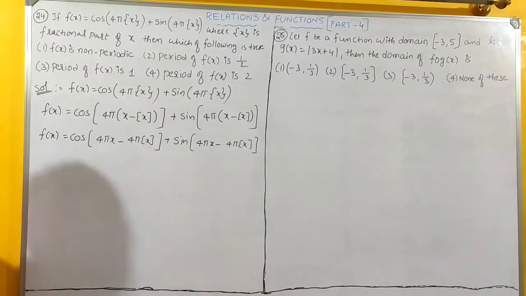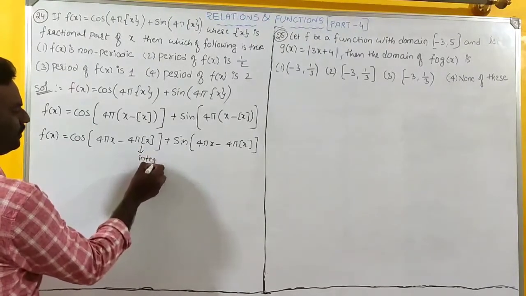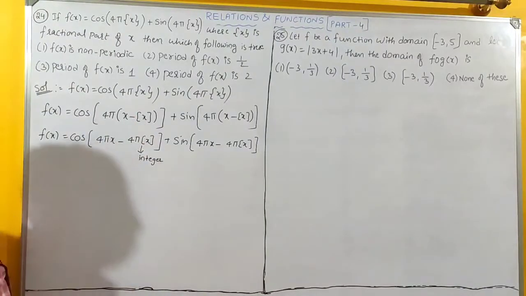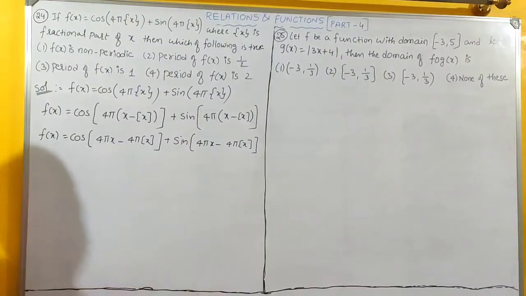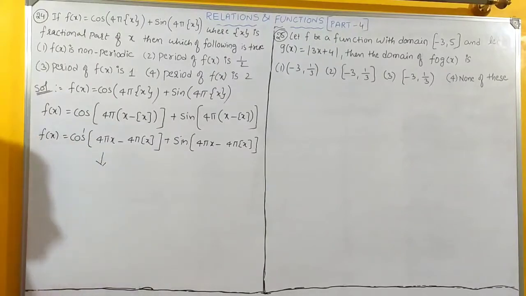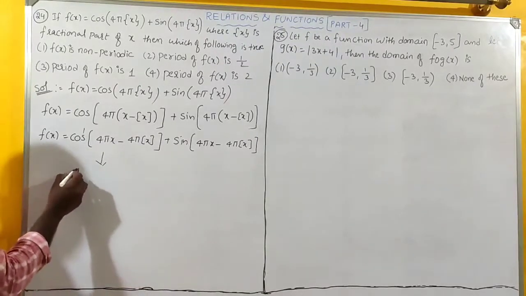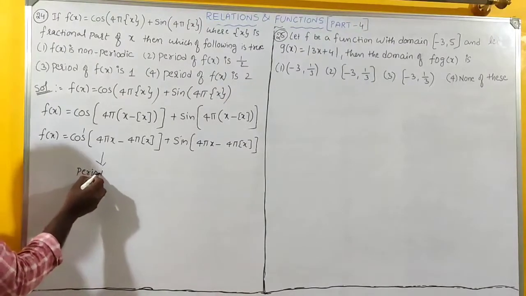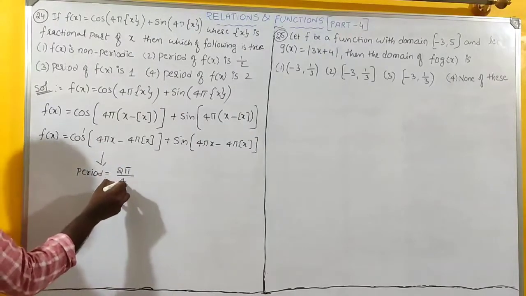Now, this value is an integer, or you can write here, power is what? 1. If power is 1, 1 is what? Odd number. Already in the synopsis we discussed, for an odd number, period is 2π by what is the coefficient of x? 4π.